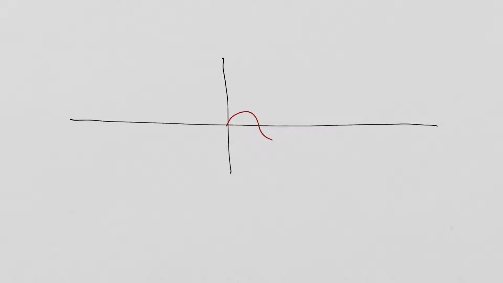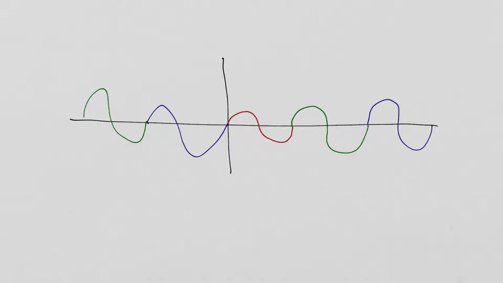Here was one period of sine of x, and then we could make another period of sine x, and then make another period, and then do the same thing on this side, and so on. It just keeps on going and going and going.